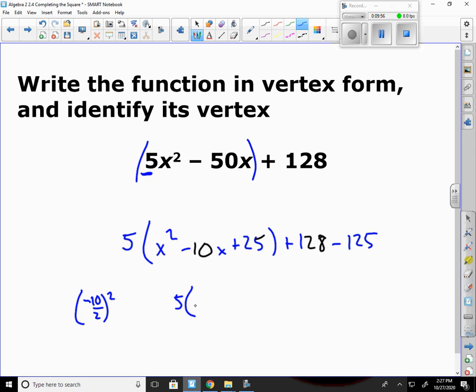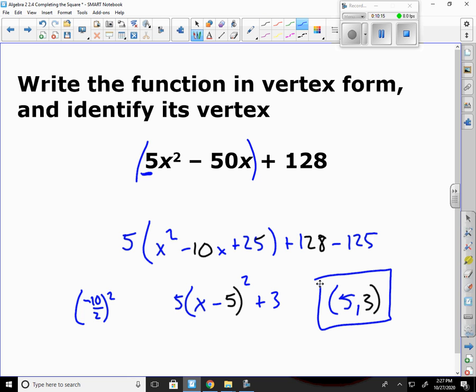Break this down. 5 times x minus 5 because it was a negative 5 inside of here, squared plus 3. Opposite sign, that gives me positive 5, same sign, positive 3, and I'm done. It's in vertex form, and I found the vertex.